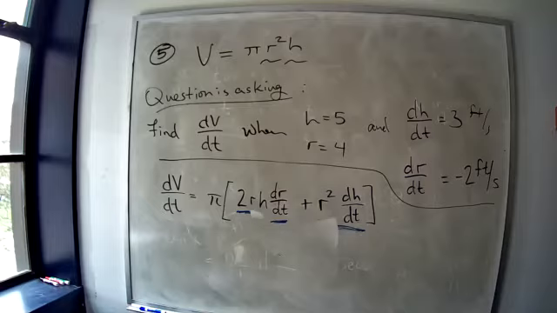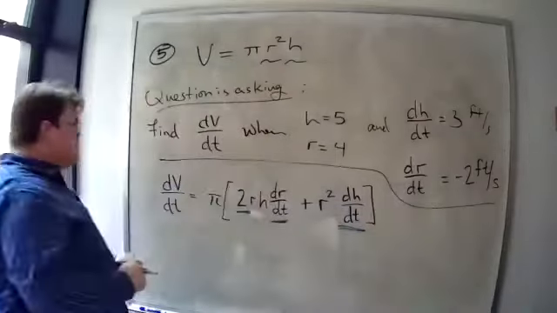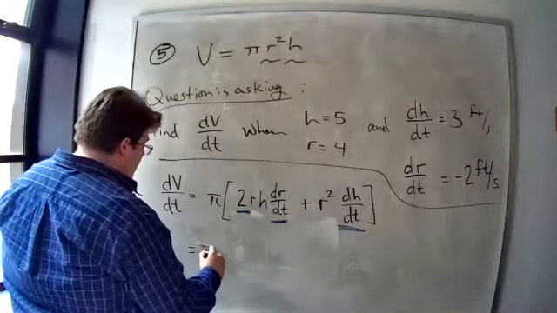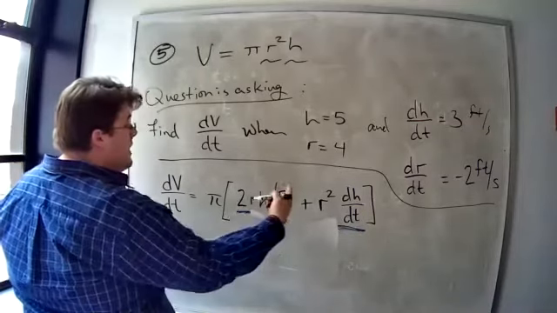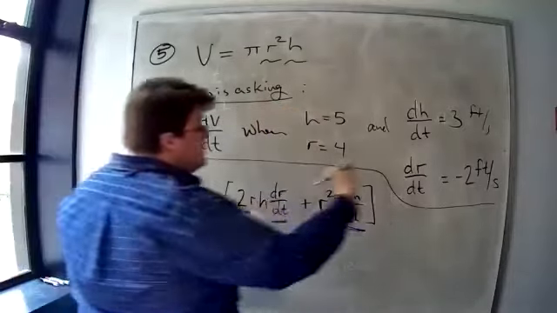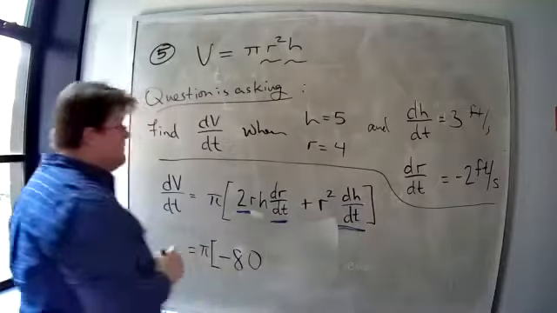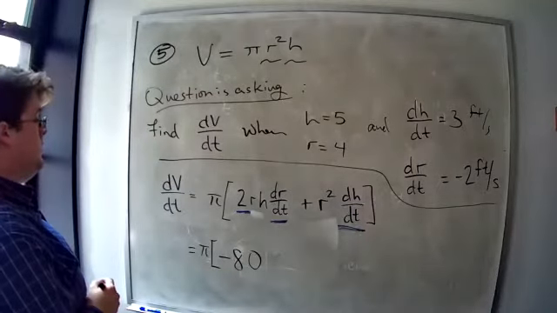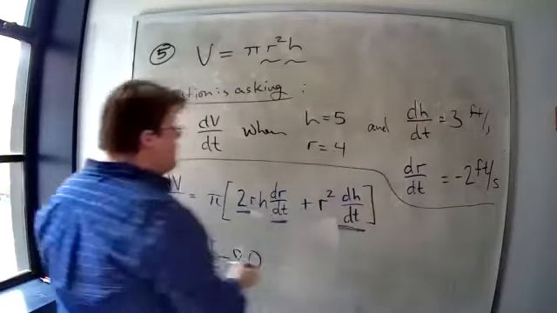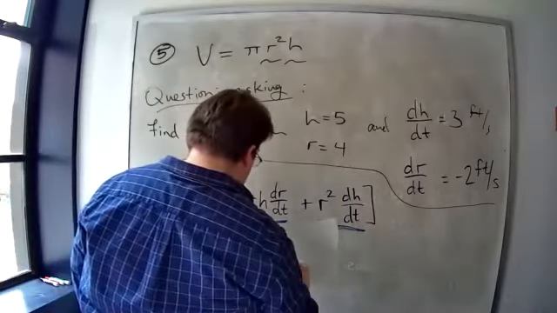Okay, now from here, we just have to substitute all these numbers and solve. We need to solve for dV dt. Well, it's already solved for dV dt. So just substitute, we get pi times 2 times 20 is 40, times dr dt times -2 gives us a -80. Plus r squared, 16, times dh dt, 3, 16 and 3 make 48.